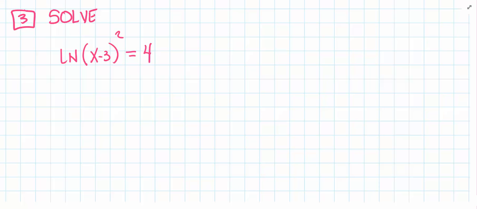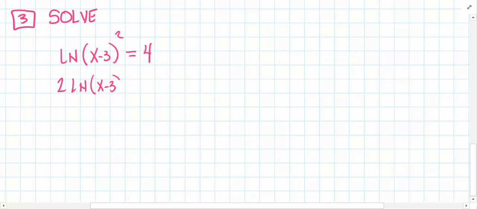Okay, let's solve this natural log equation. All right. The natural log of (x minus 3) squared equals 2. Anybody see any first moves? What can we do? Yeah, so 2 times the natural log of (x minus 3) is equal to 4. I'm with you. Now, any other moves? Divide by 2. I like it. So the natural log of (x minus 3) is equal to 2. Awesome.